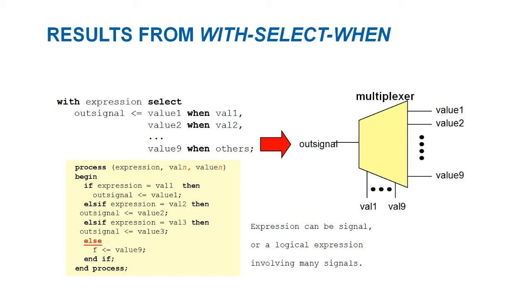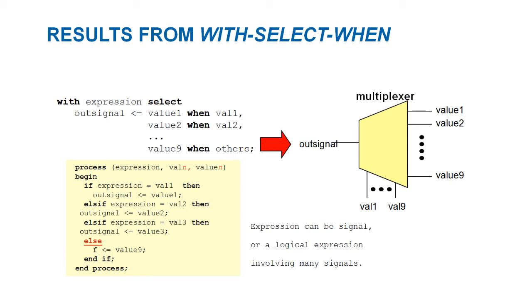The output will be given a value from values 1 to 9 if choices 1 to 9 evaluate to 1. So here we can actually just flip through the process and say that if expression has the value of 1, val 1, then the output signal will be assigned the value 1.